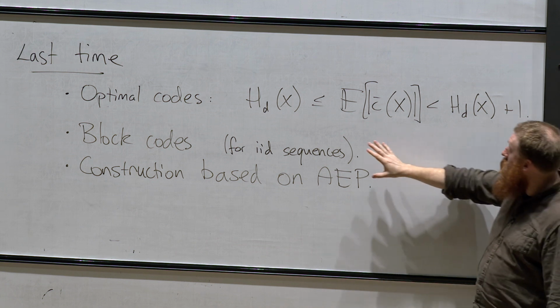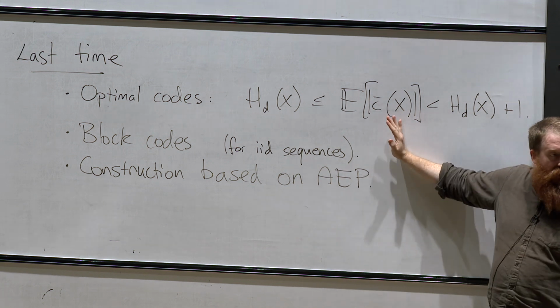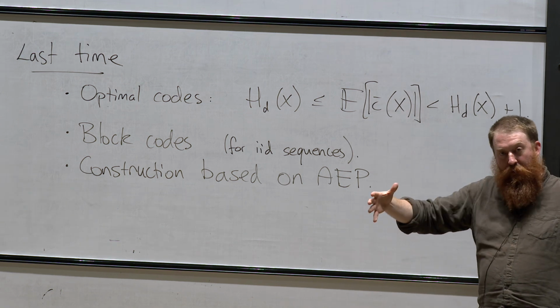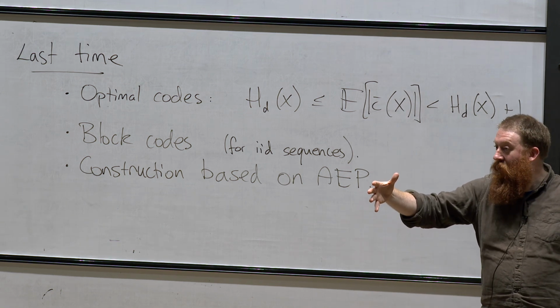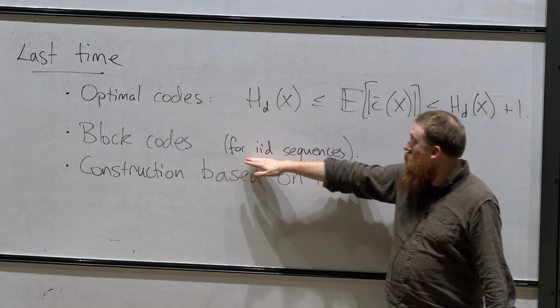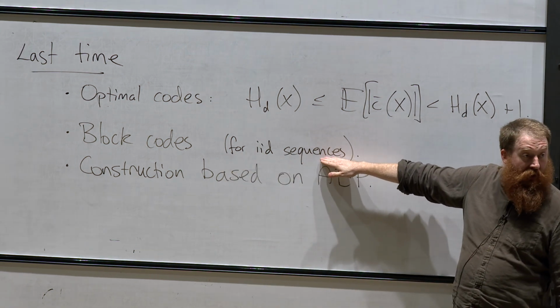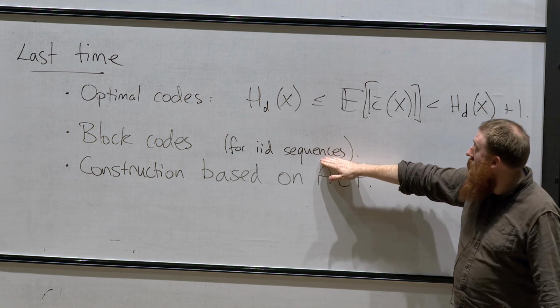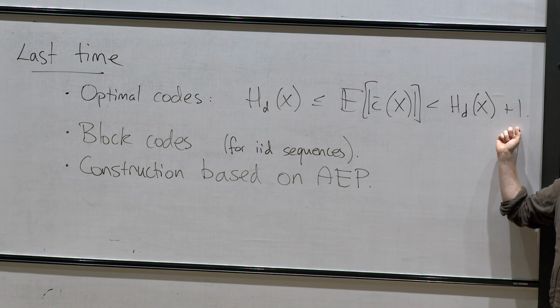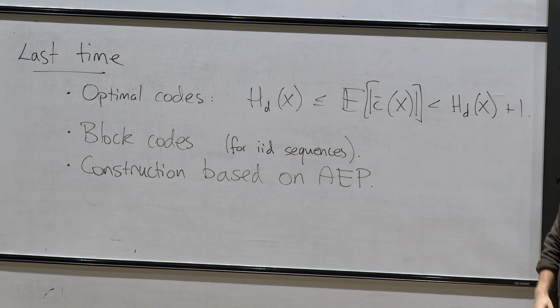So what we could do is, instead of encoding a single symbol, we encode a block of n symbols, treat them as one thing, and encode them as a unit. Provided we have IID inputs, that allows us to basically turn this 1 into a 1 over n, where n is the length of the block.